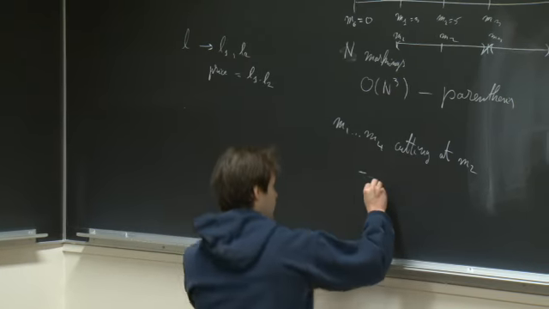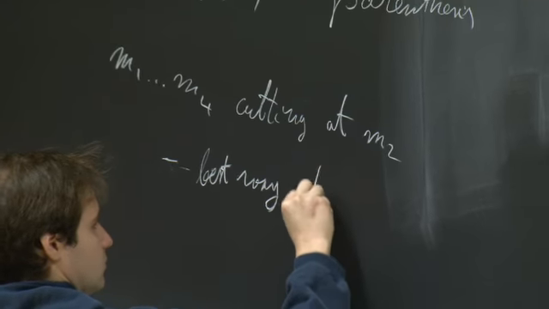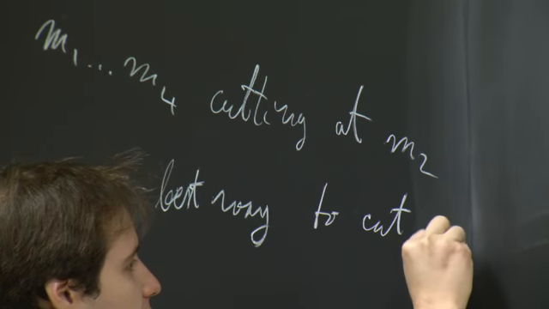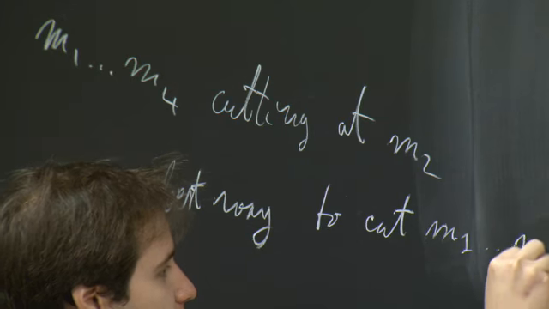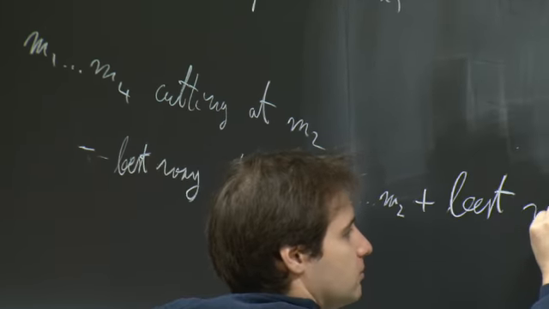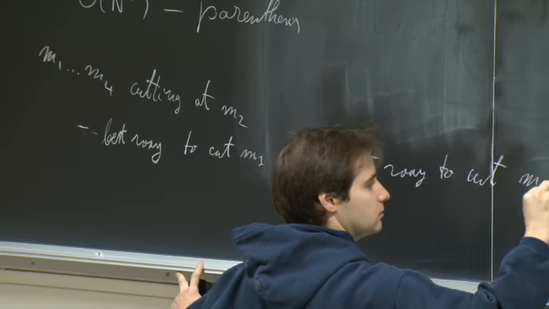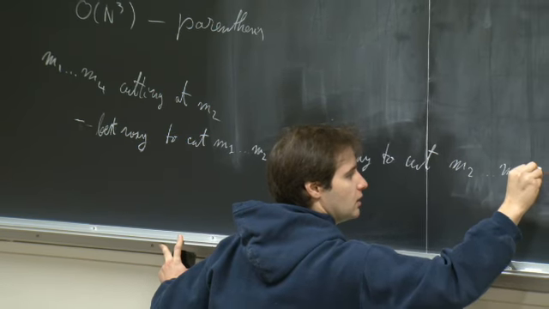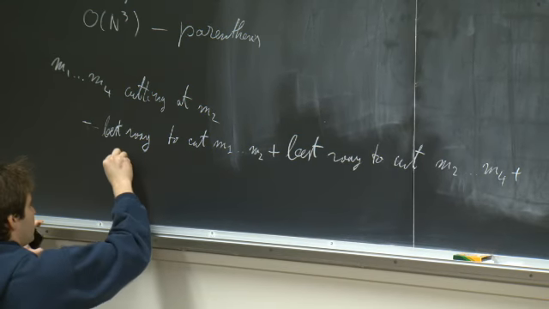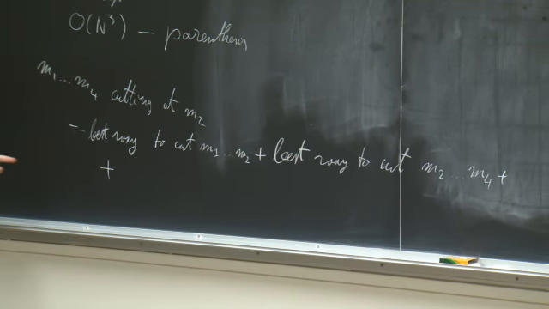OK, so it's the best way to cut M1 through M2 plus the best way to cut M2 through M4, plus the price I'm paying for this cut, right? Not just the sum of the dp's. One more term. What's this term?